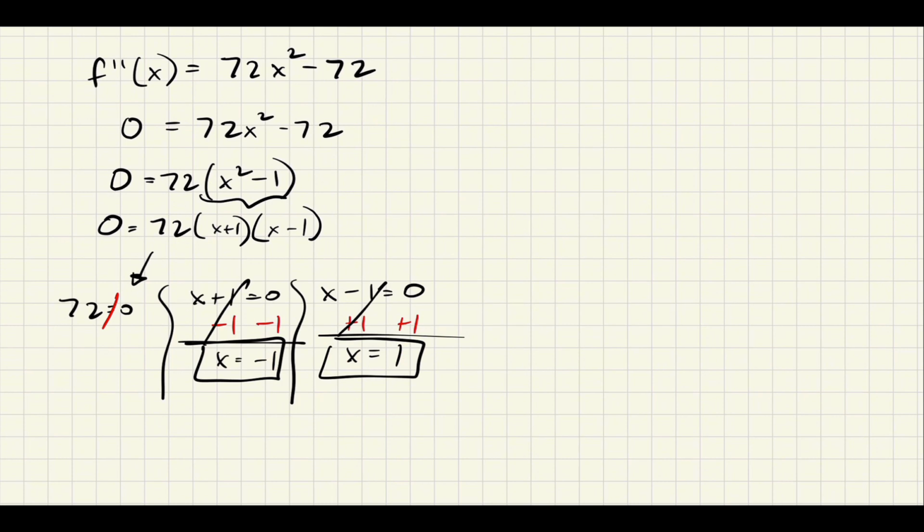remember, these are called inflection points. This is where you change concavity. Change from concave up to concave down, or from concave down to concave up. We're going to do the same thing. Draw a number line.